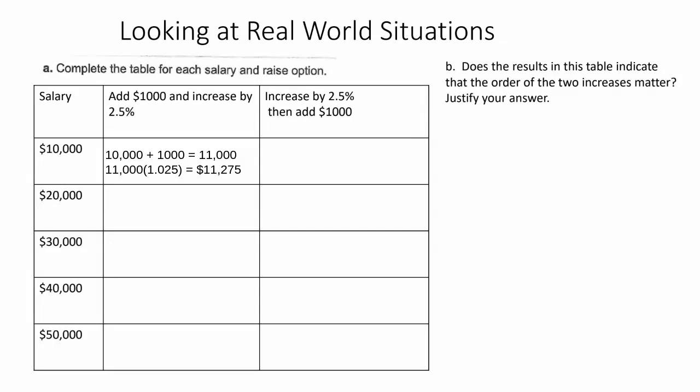Now, I'm going to do that for each one of these, except I'm going to kind of shortcut a little bit. If I have 20,000 and I add 1,000 to it, I get 21,000 times my multiplier, which will give me $21,525. Then I have $31,000. I'm multiplying by my multiplier to get $31,775.